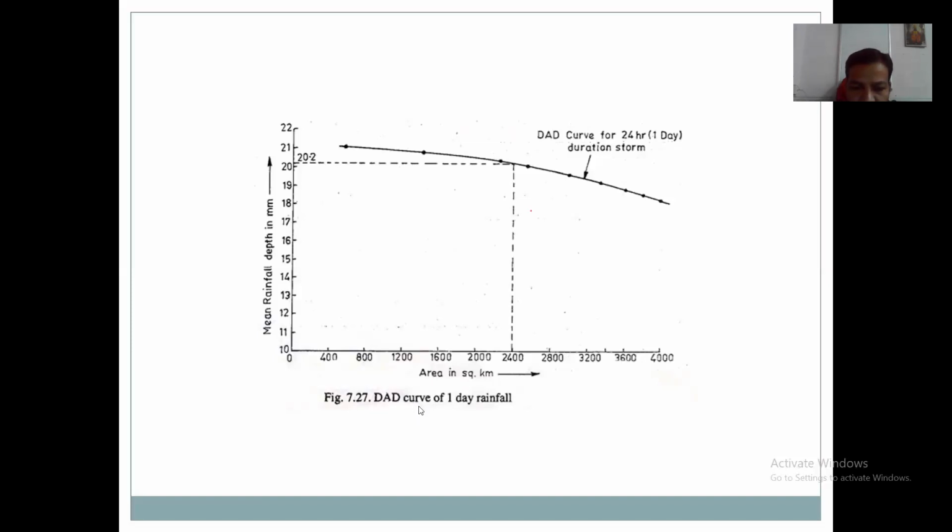This curve gives the relation between depth, area and duration. Therefore, it is called the DAD curve, the depth area duration curve. This is a curve which is shown for 1-day rainfall.